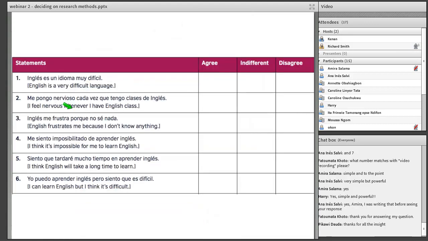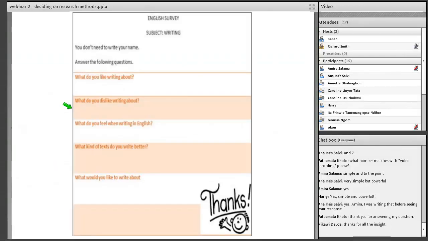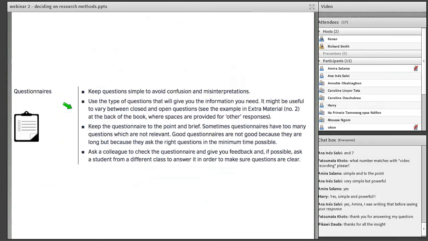It could be useful to have a combination of open questions like these ones and maybe some closed questions. Then you can definitely count numbers with this kind of closed question, but you can also go deeper and find out what students are really thinking with open questions.